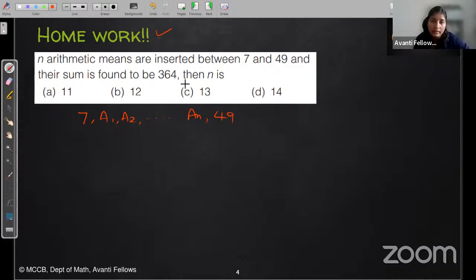The sum is 364, so A1 plus A2 and so on up to An is equal to 364. I can equate it to n into the single arithmetic mean between A and B. Here A is 7 and B is 49. So it is going to be (7 plus 49) divided by 2.